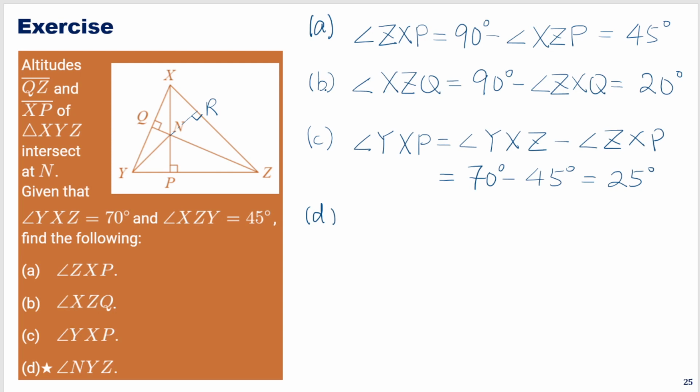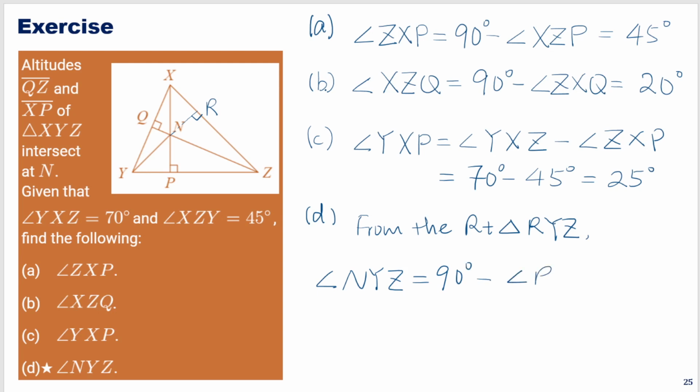So from the right triangle RYZ, we have angle NYZ equals 90 degrees minus angle RZY, which equals 45 degrees, right?